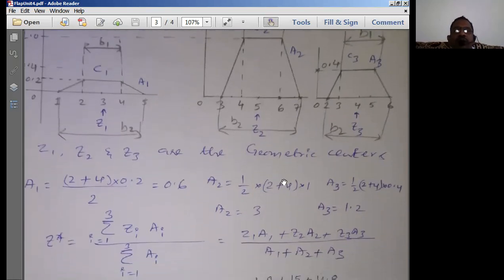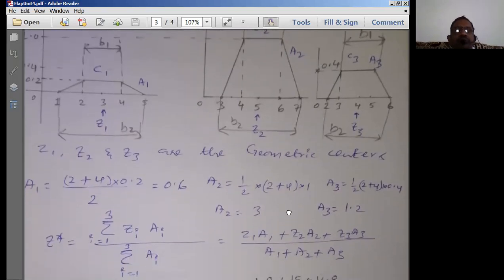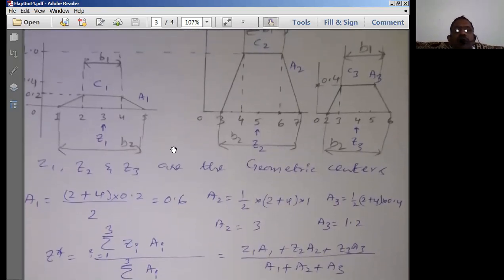Let us try to find out the areas of these three individual figures. And one more value which we are going to use here is z. Z is nothing but the geometric center. The geometric centers of the appropriate figures given to us are known as Z1, Z2 and Z3.